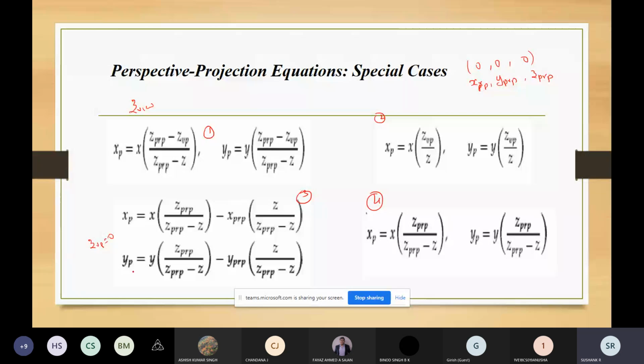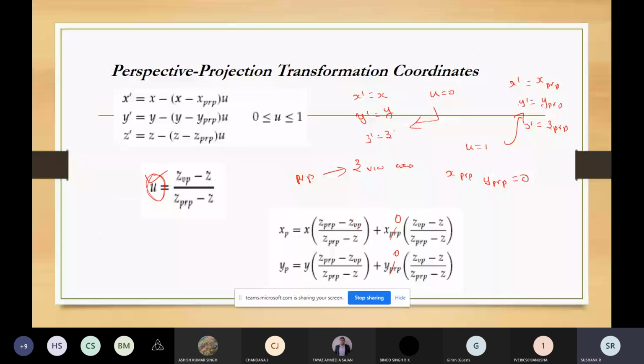When ZVP becomes 0, we get the equation xp is equal to x into zprp by zprp minus z, because I'm making zvp 0. This is the third scenario. After this, the last one.